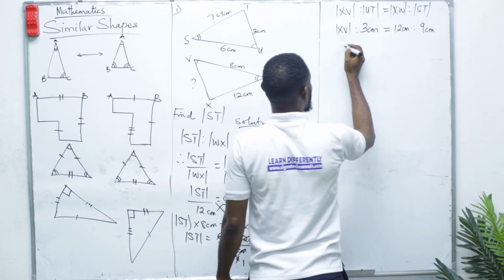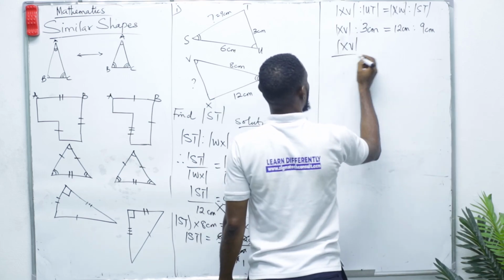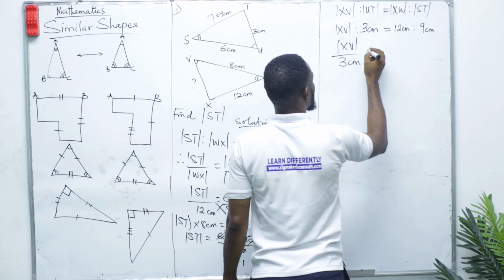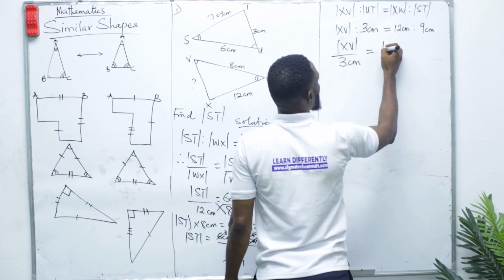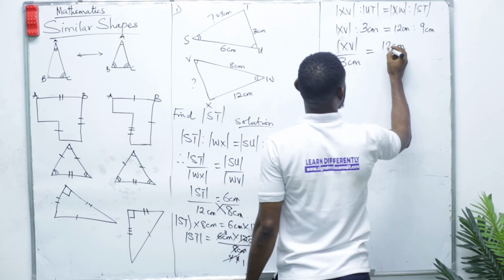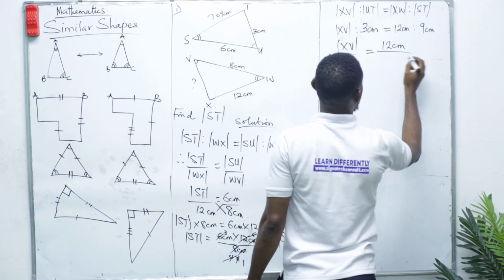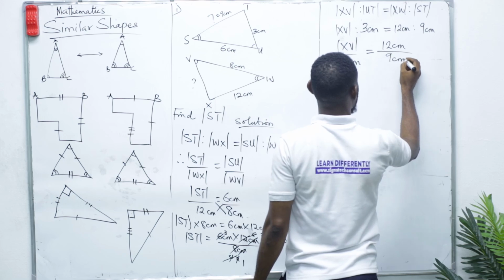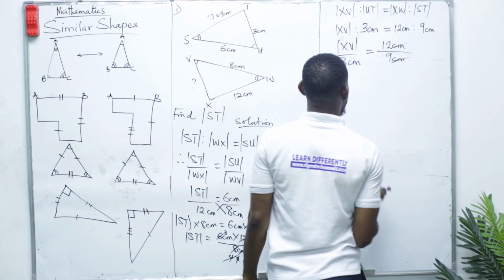Good. So this means XV all over 3 cm is equal to 12 cm all over 9 cm. Cm can remove cm.